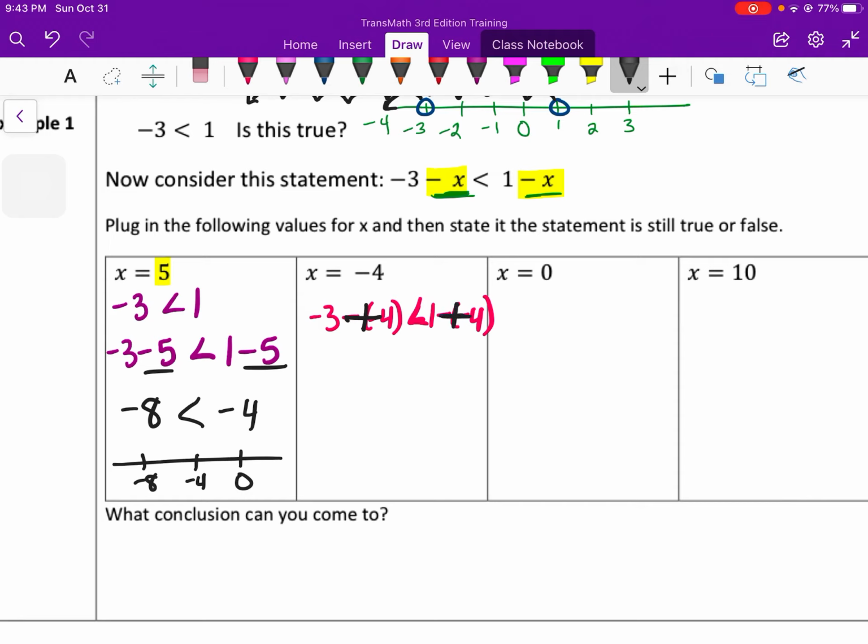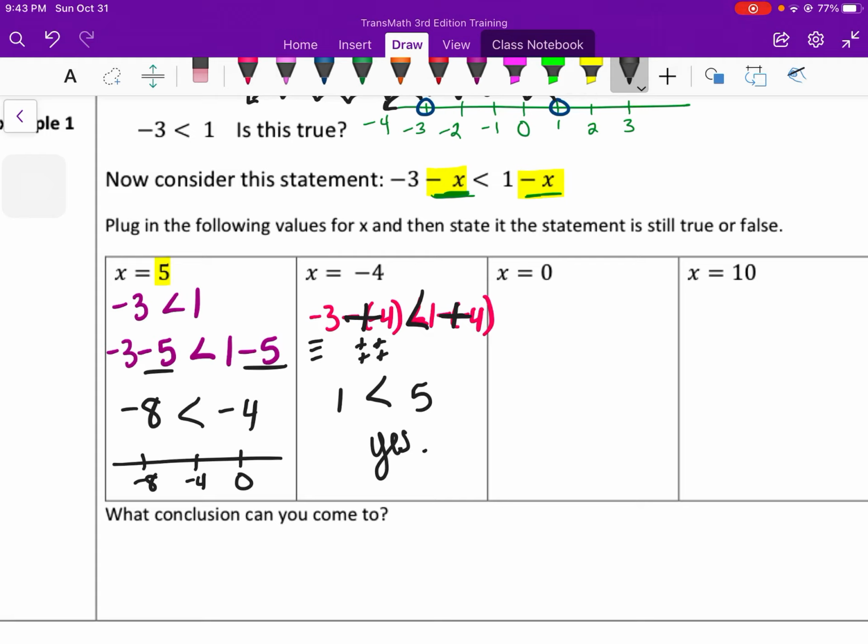So a negative and a negative is a positive here. So this is negative 3 plus 4. That's 3 negatives plus 4 positives. It would equal positive 1. And then on this side, 1 minus negative 4 is the same thing as 1 plus 4, so that's 5. Does my inequality stay the same? Is 1 less than 5? Is that true? And it is true. So if I subtract a number from both sides, it stays true.